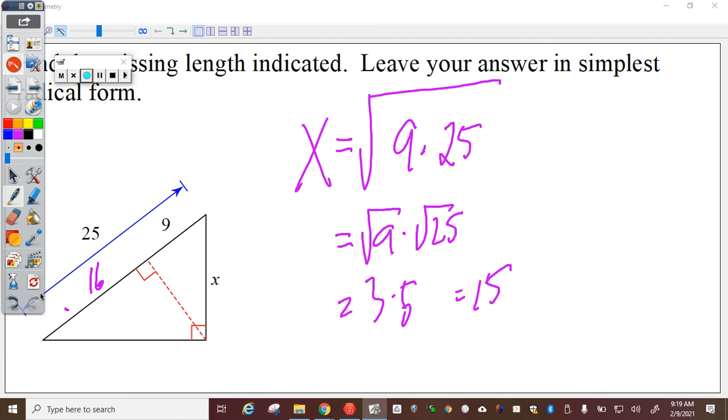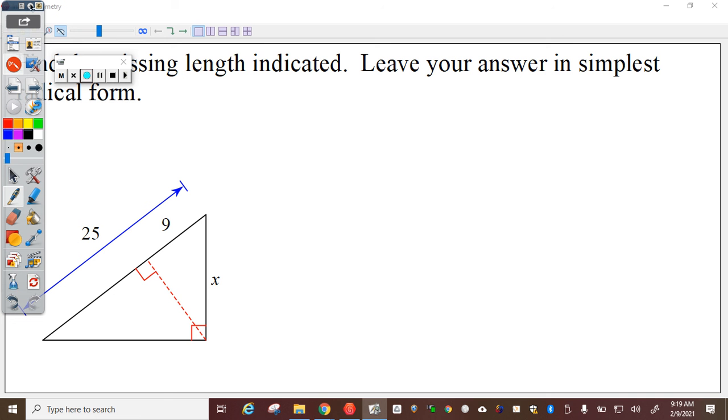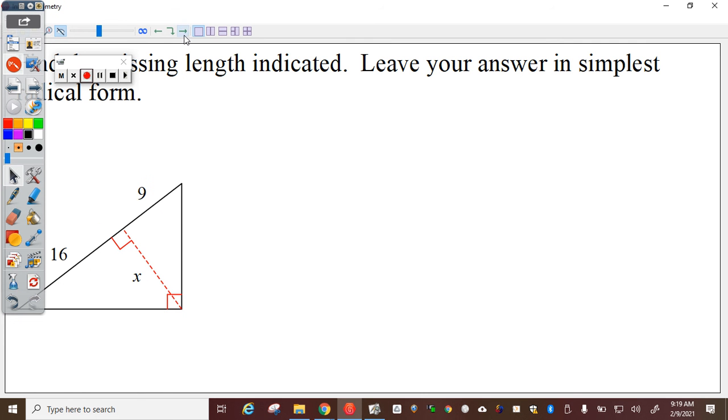Alright? Now, I want you to try this one. Find x for me.